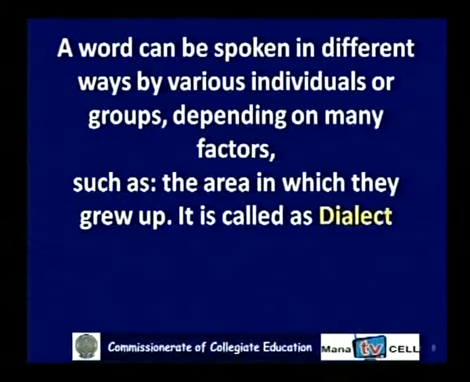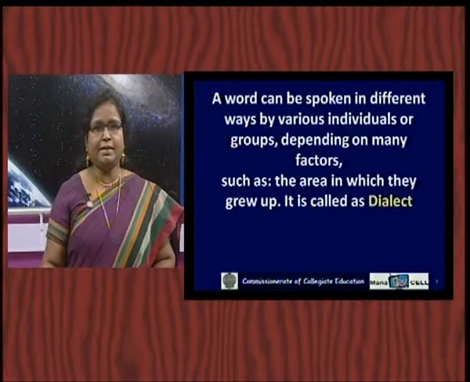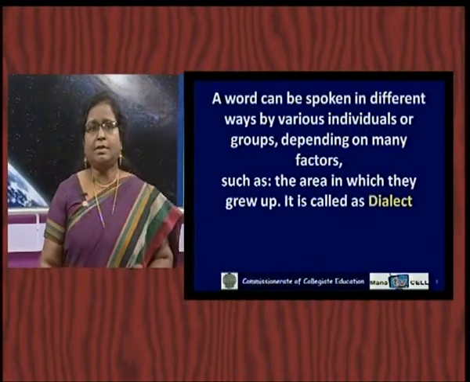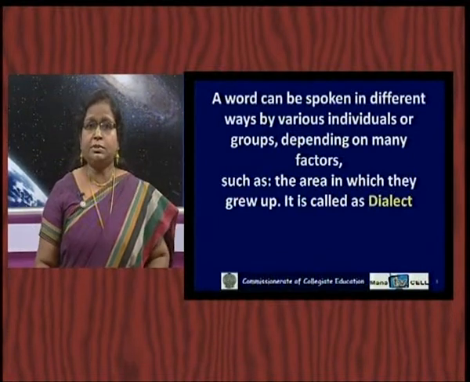Then a word can be spoken in different ways by various individuals or groups depending on many factors. Because accent, what is meant by accent? How we utter a particular word. A single word can be spoken in different ways, because we are all native speakers of Telugu or Urdu, and a particular word we use in different ways.